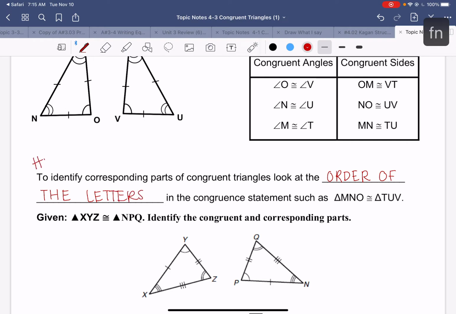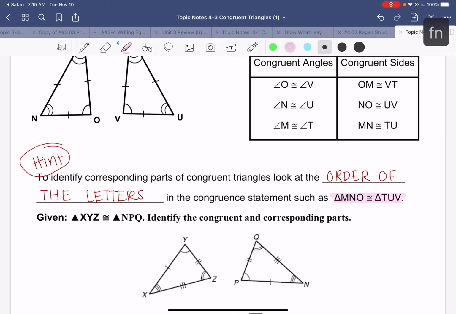This is a big hint. If you're not sure because the triangle is shaped weird or flipped around or rotated, look at the congruent statement, and that should tell you what is congruent to what.